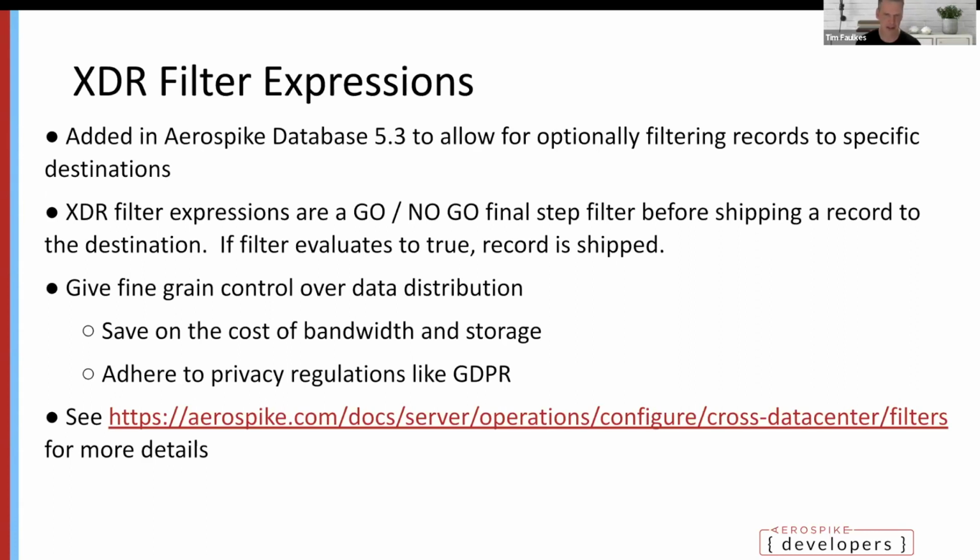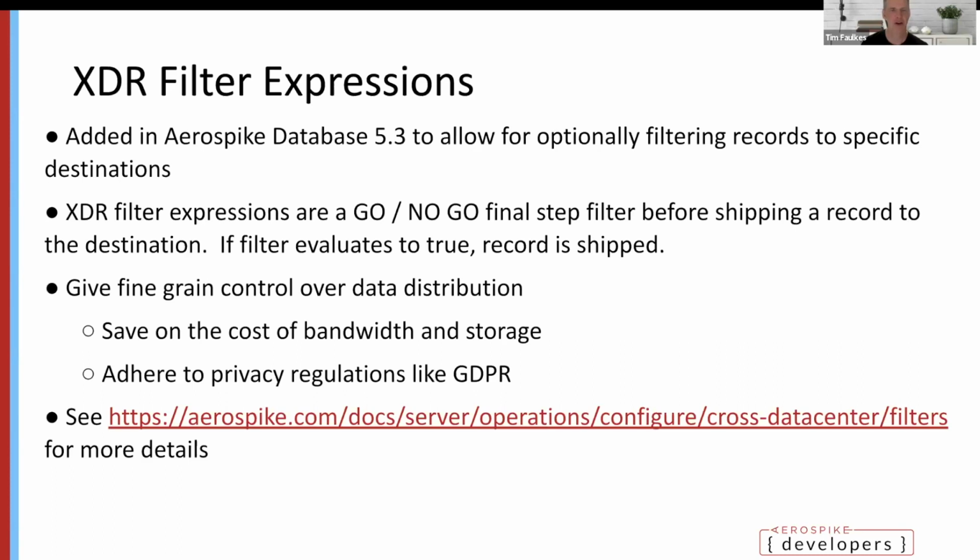Now, this can give very fine-grained control over what data you ship between data centers. This can reduce your network storage and the bandwidth, but it's also very useful for things like compliance. So many people are familiar with, say, GDPR, which is a privacy rule which says if data was originated in the UK, it can't leave the UK.